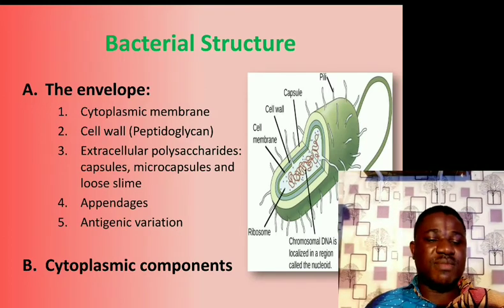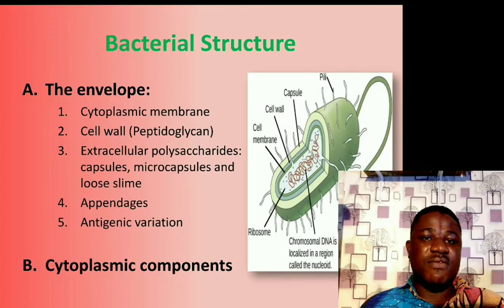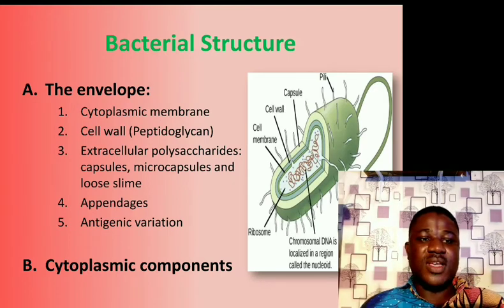In terms of bacterial structure, that's a very delicate thing to talk about. You can see first the envelope of the bacteria. That's the outer covering of the bacteria. An envelope is constituted of the cytoplasmic membrane covering the cytoplasm, and the cell wall that is made up of peptidoglycan. It has extracellular polysaccharides, and those are the capsules, microcapsules, and then loose slime.